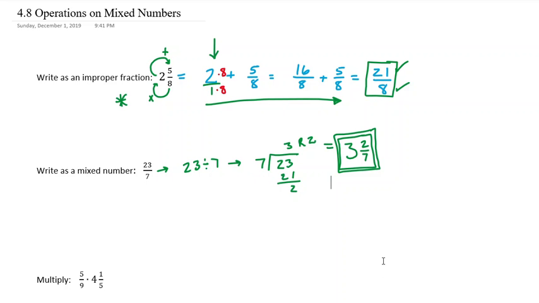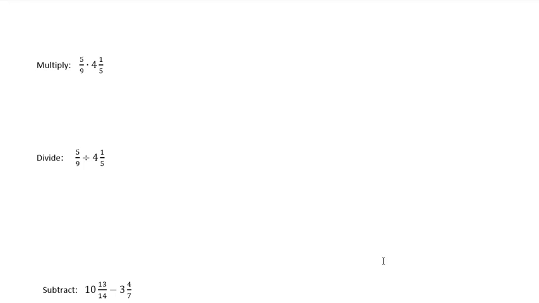Okay, now for the next couple of problems, we're going to practice multiplying and dividing, and the rule for that is we have to have our mixed numbers in improper form. So the first thing, number one, is put all the mixed numbers into improper form.